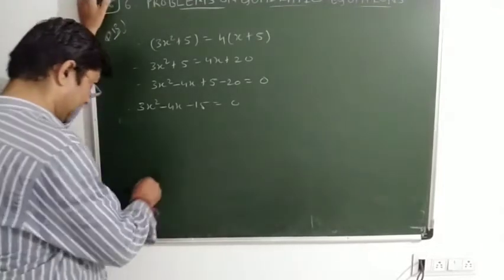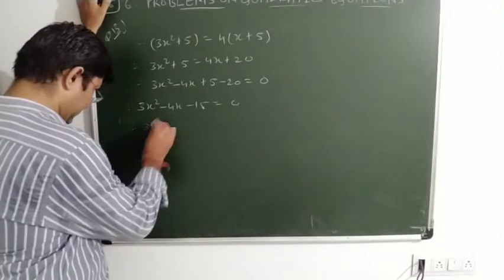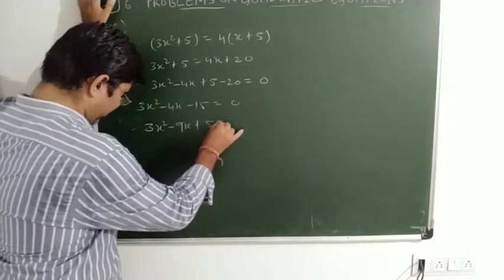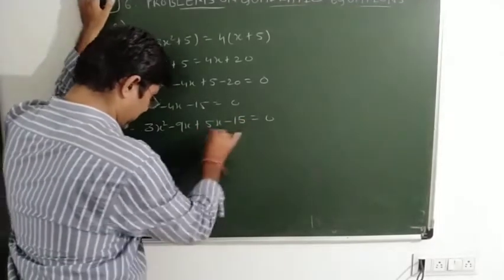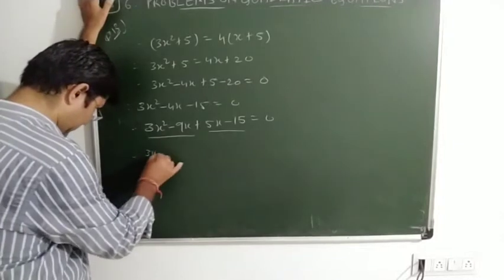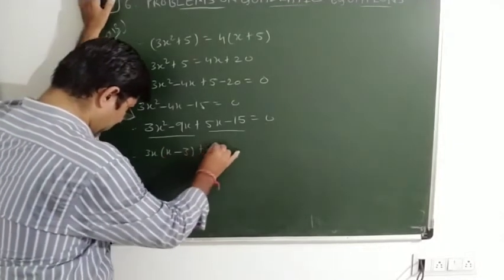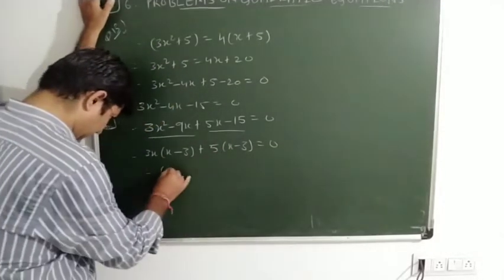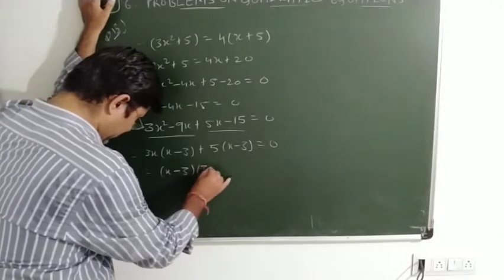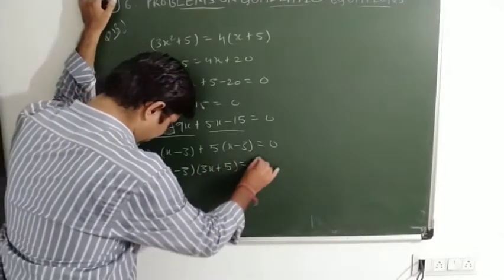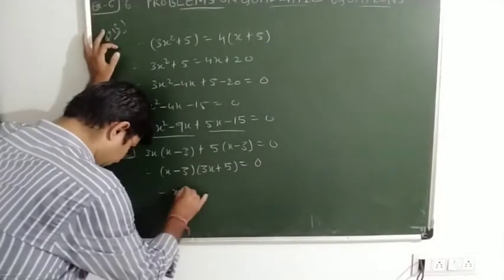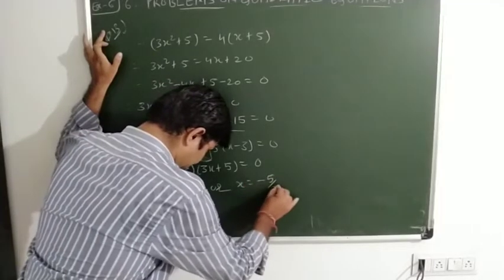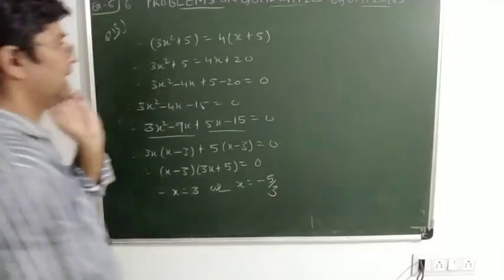Therefore 3x square minus 9x plus 5x minus 15. Therefore 3x into x minus 3 plus 5 into x minus 3 is equal to 0. Therefore x minus 3 into 3x plus 5 is equal to 0. Therefore x is equal to 3 or x is equal to minus 5 upon 3.